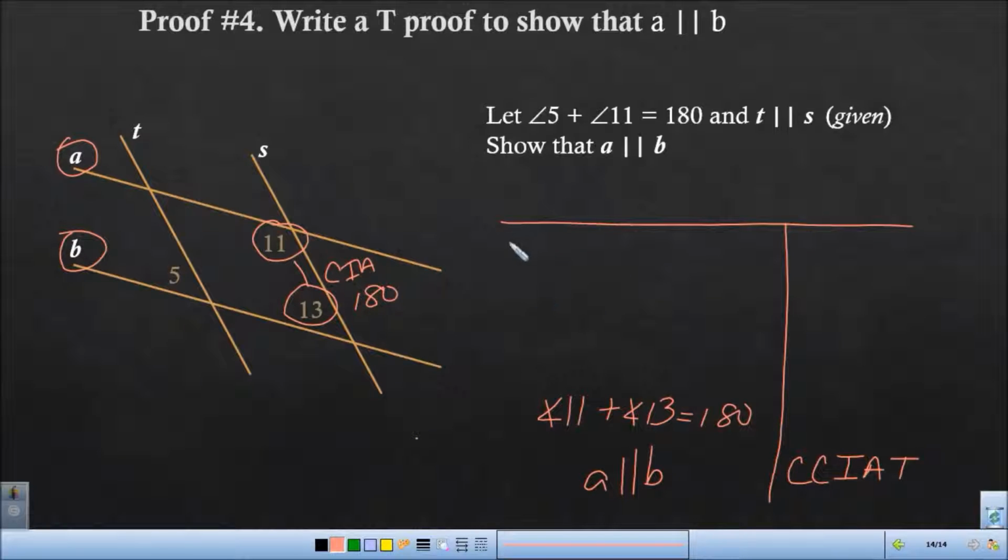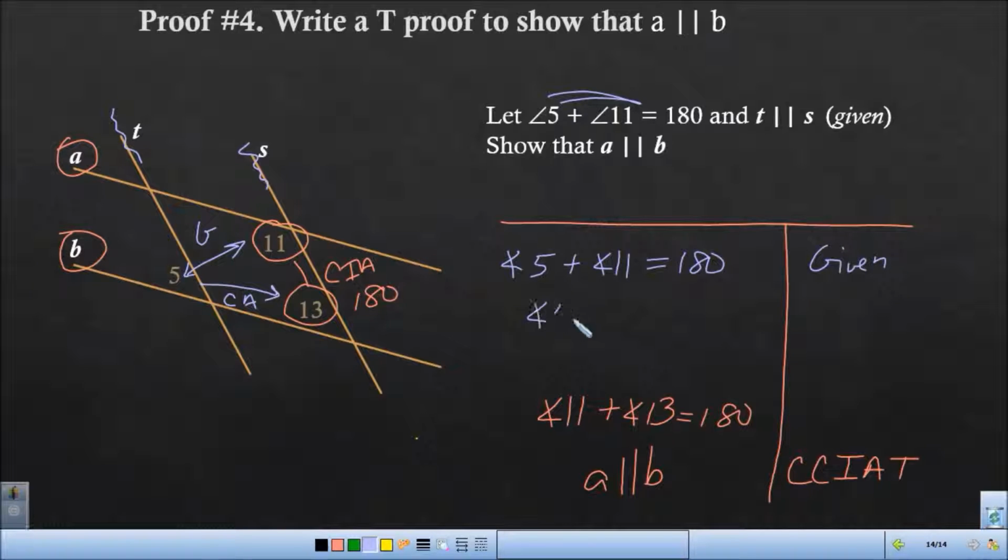Okay, so let's begin. We need to build our connections. All right. We already know that 5 plus 11 equals 180. These two angles are connected through the given. And then T is parallel to S, which means these two angles are connected by corresponding angles. So angle 5 plus angle 11 is equal to 180, given.